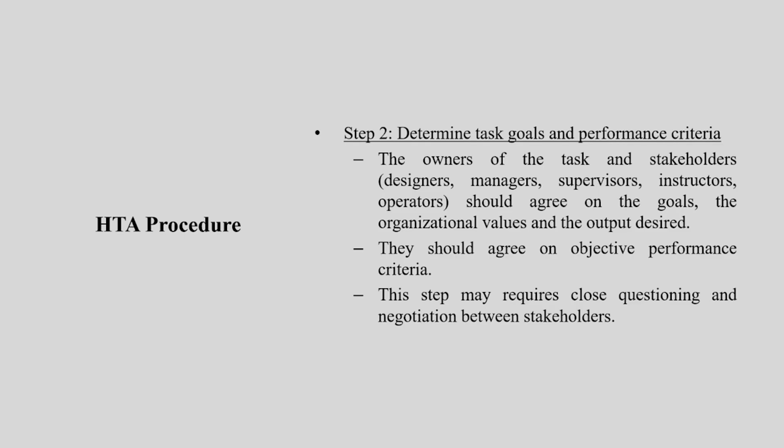So, they should agree on the objective of the performance criteria, and this step may require close questioning and negotiation between the stakeholders. We should be clear that all stakeholders and the performer should be on the same platform. There will be no differences in their opinion about that particular task.